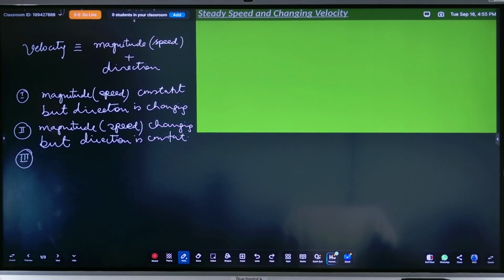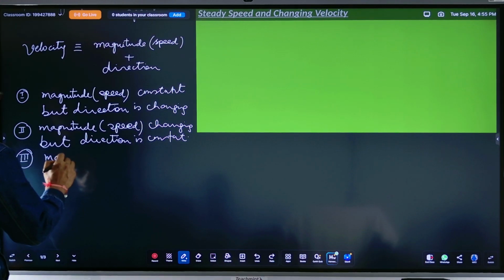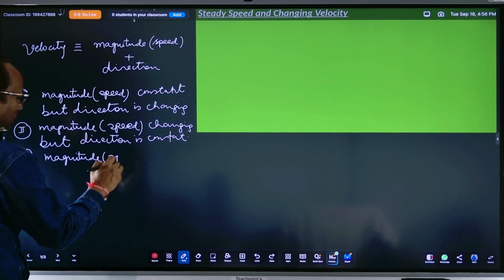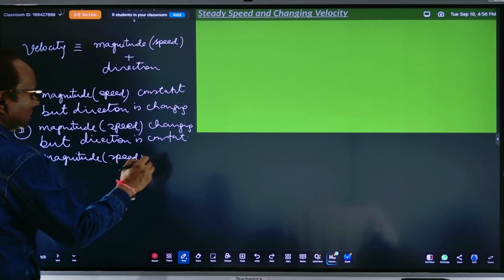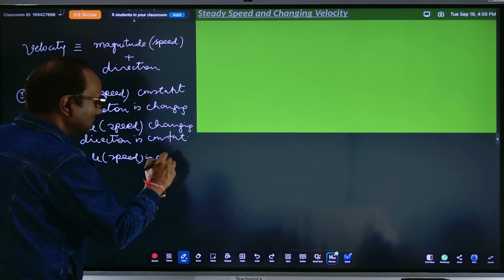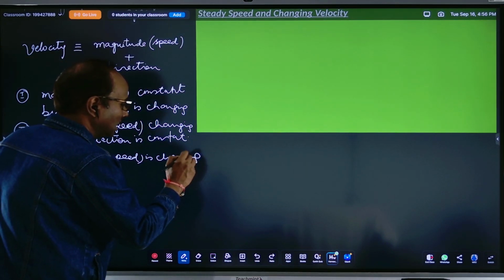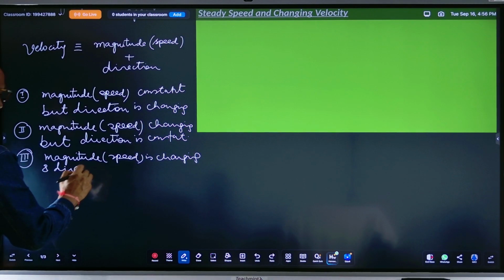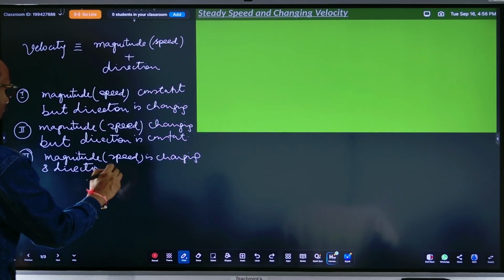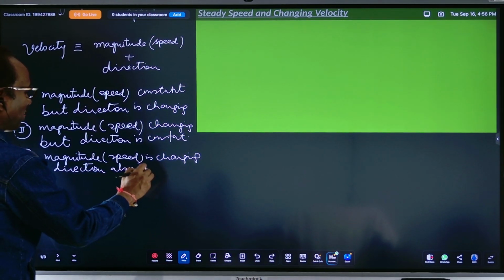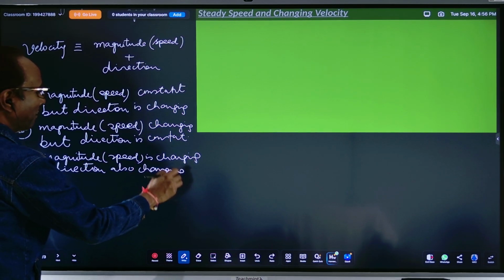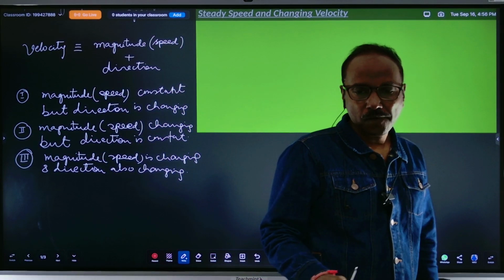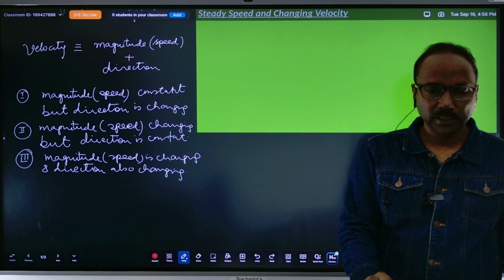Third case is magnitude is changing and direction also changing. So in all these three cases, the velocity is changing.